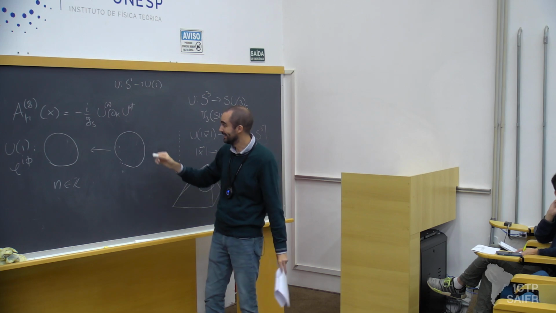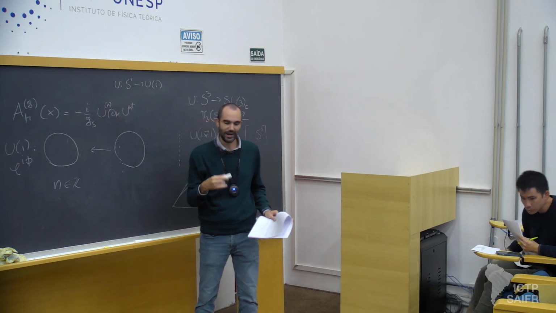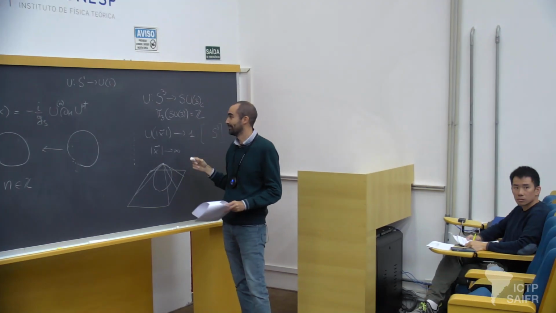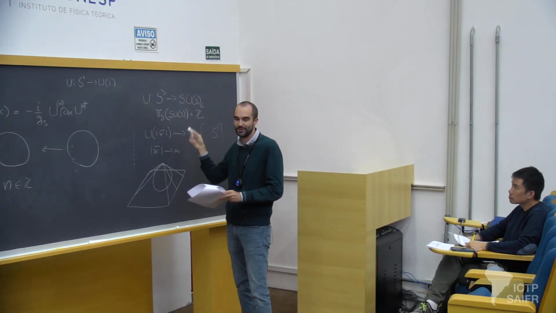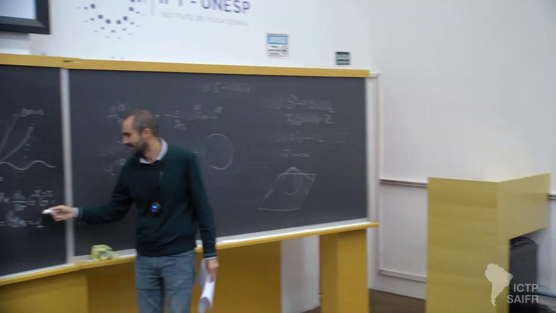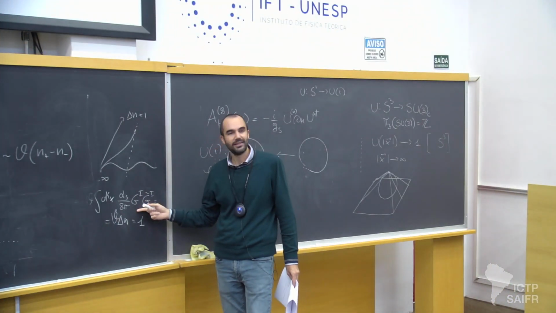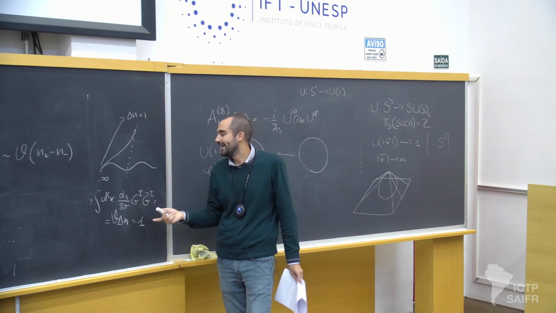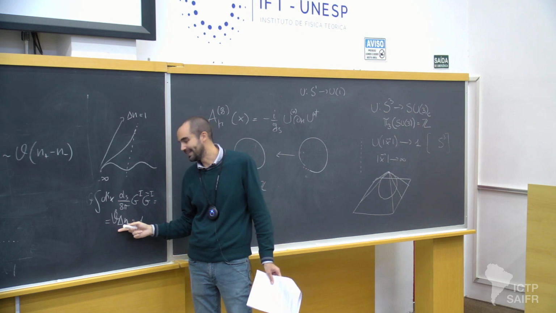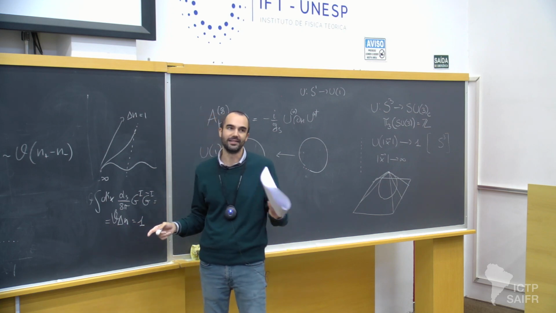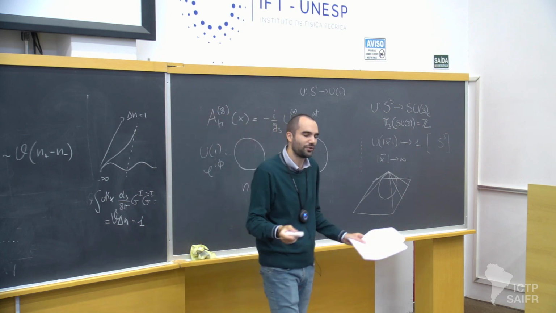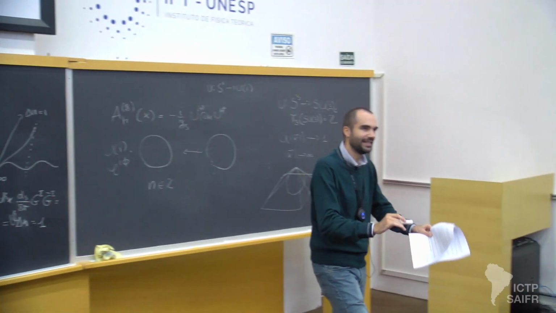And this index n is telling you how many times you are winding your sphere around your SU3. It turns out that this object, GG dual, is a famous topological invariant counting this number of windings. So when you do the integral, you get this n. I know it's not much clearer than before, but this is what it is.